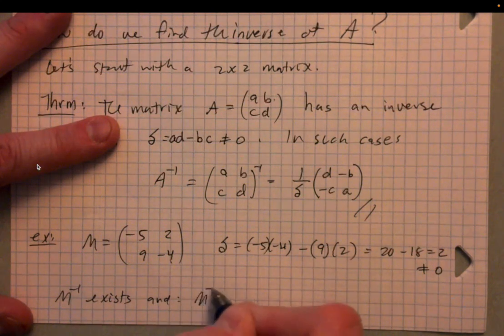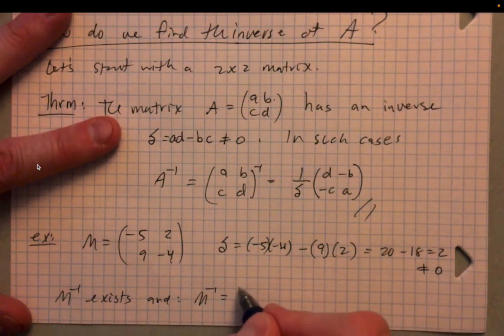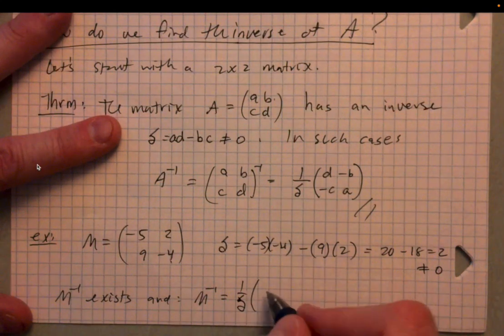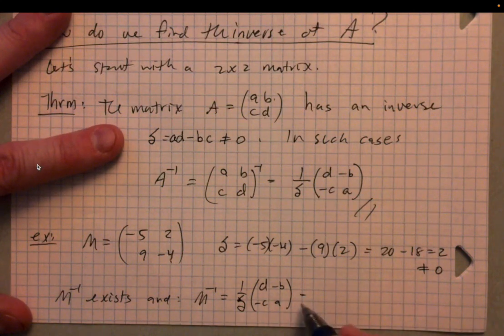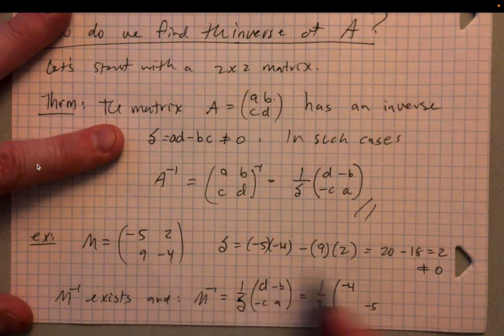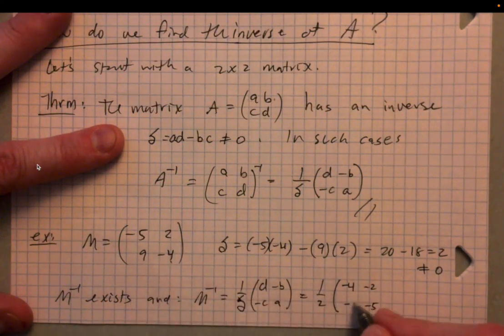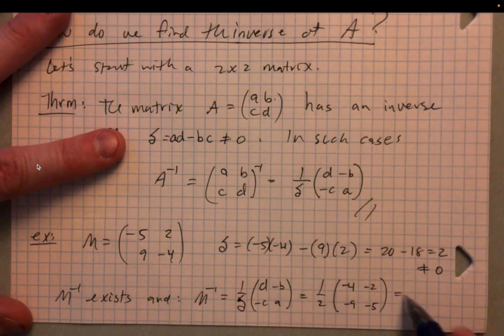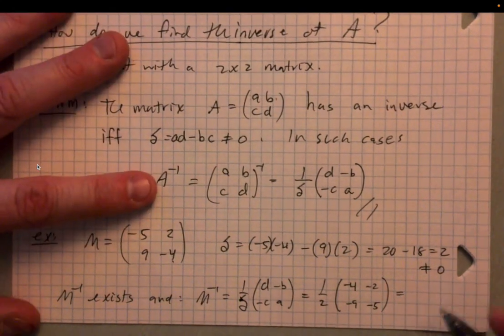So M inverse exists, and M inverse equals 1 over delta times, I'm going to write it out first, D, negative B, negative C, A, which in our case is 1 over 2, delta's 2, and then we'll switch the order here, so it'll be -4, -5, and then instead of 2, it's -2, instead of 9, it's -9. Okay, so this is the inverse, and we can divide these down.